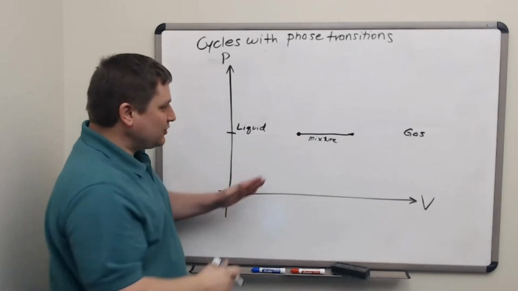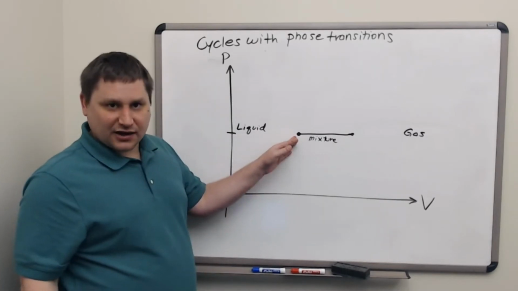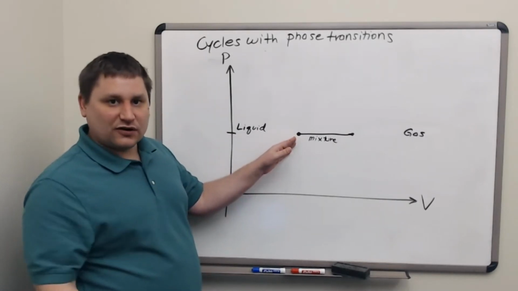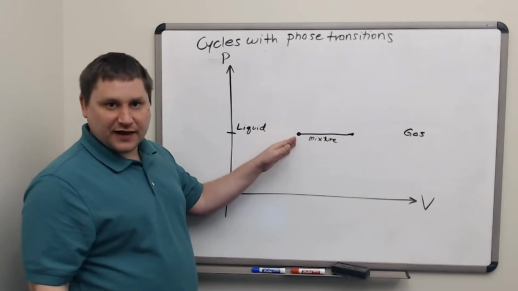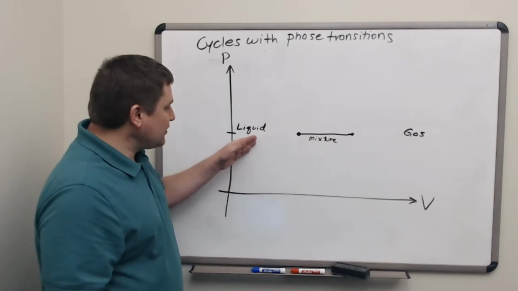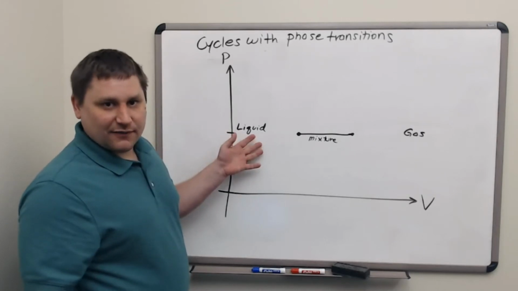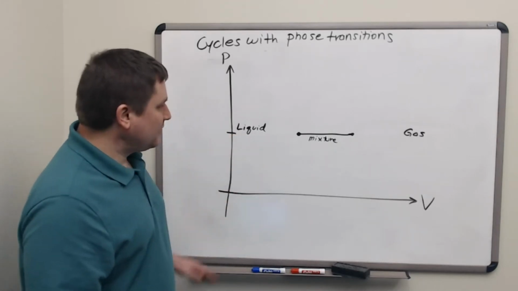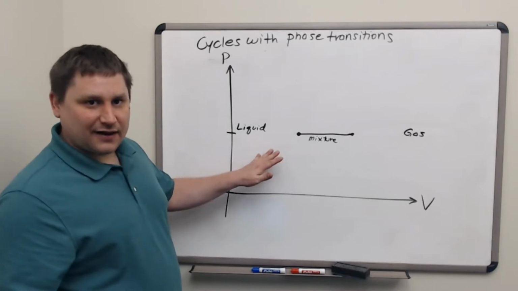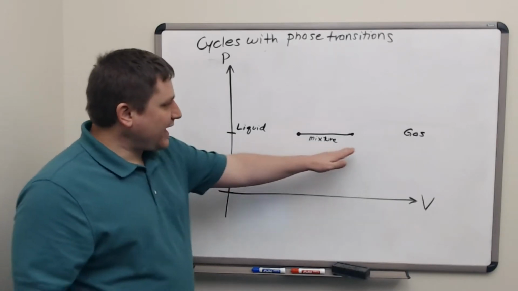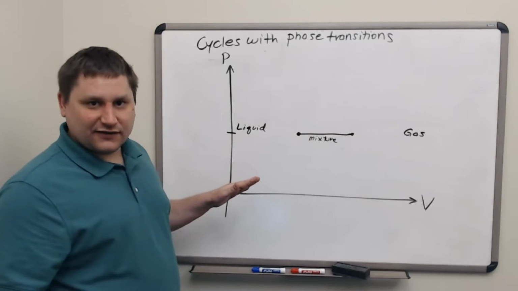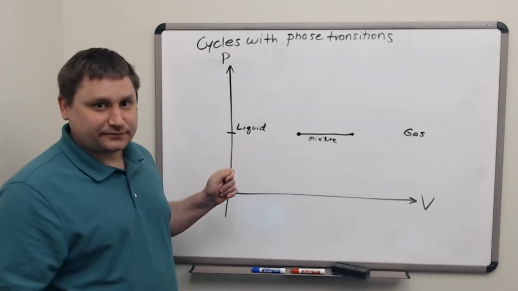Eventually, we get to a small enough volume and a cold enough temperature where 100% of the mass is now in the liquid phase, and as we continue to cool or decrease volume, it will stay all liquid from then on. So that's what the PV diagram looks like for a gas to liquid phase transition at a specific pressure.